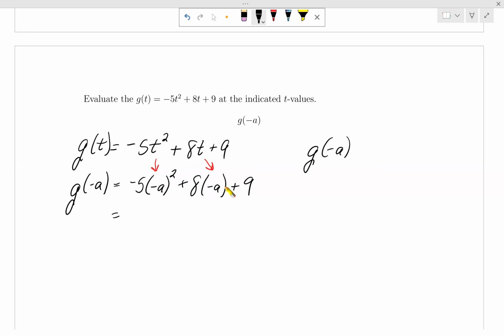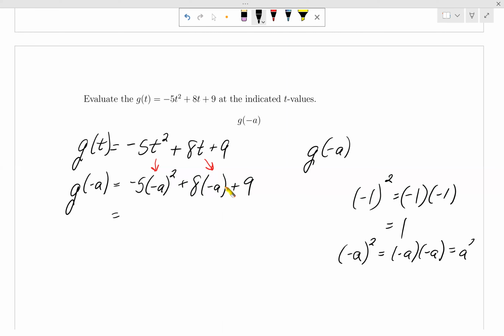So the next step, this (negative a) squared, whenever we have something squared, this is negative 1 times negative 1, which is positive 1. So if we had (negative a) squared, this is negative a times negative a, which is positive a squared.